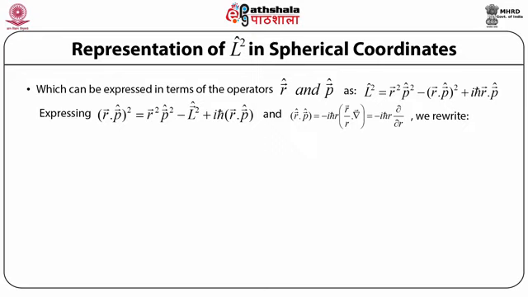And this turns out to be equal to minus iota times h cross times r times del by del r, or the partial differentiation with respect to r.